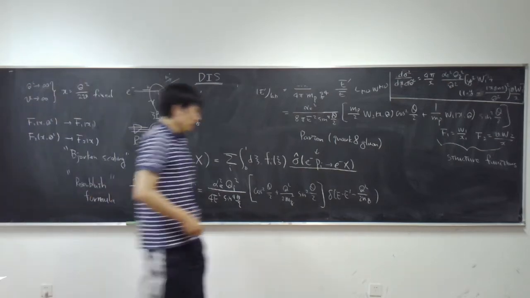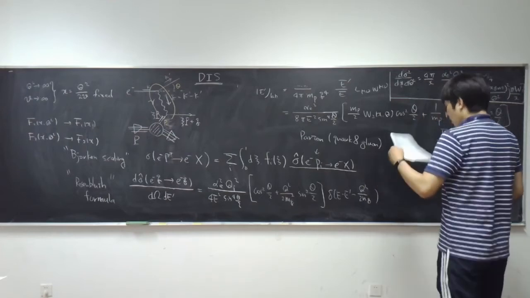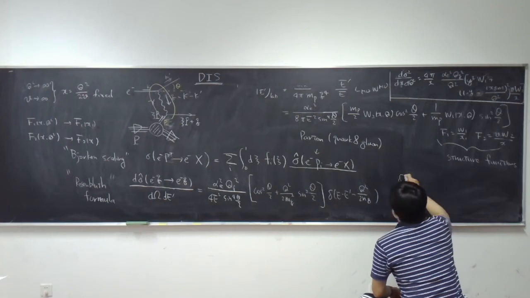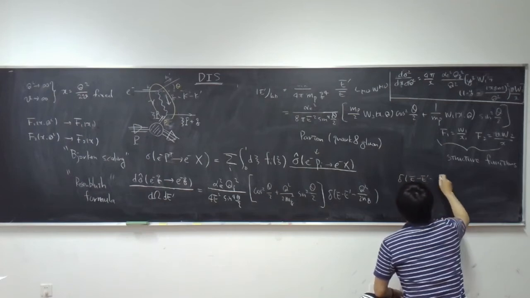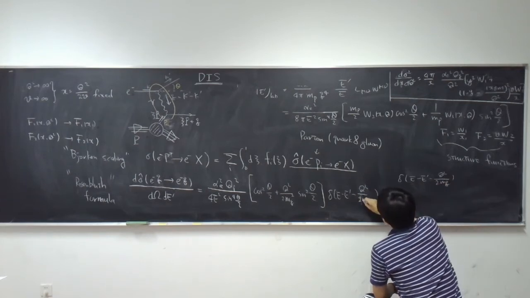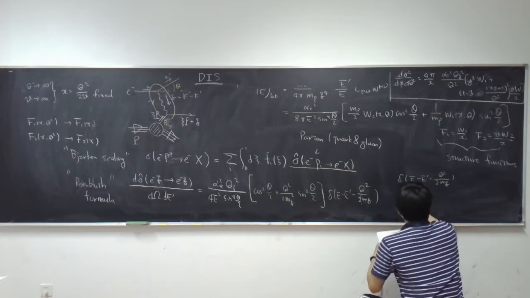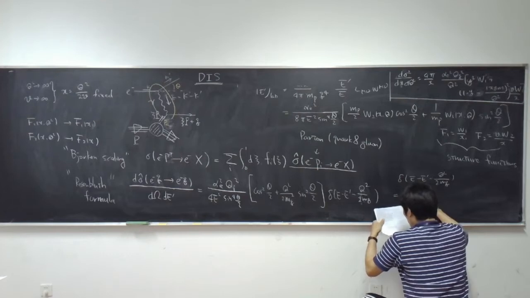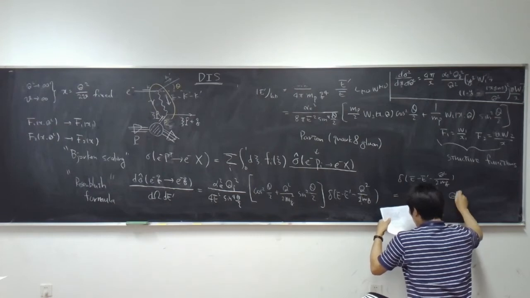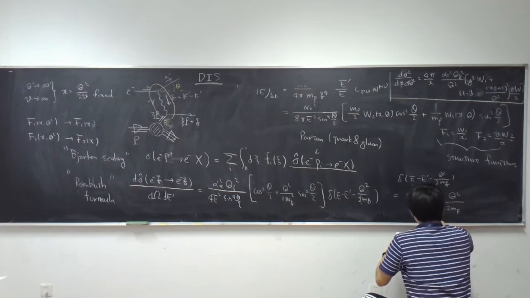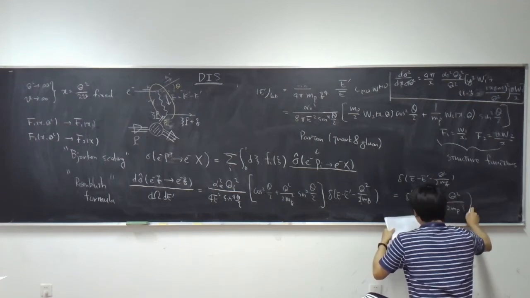Let's manipulate this formula a little more and plug that one into here. This delta function, delta of E minus E prime minus Q squared over 2 M_q, is indeed equal to delta of Q squared over 2 M_q x minus Q squared over 2 M_P ξ.